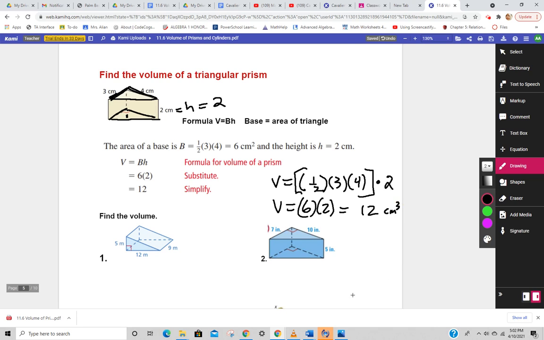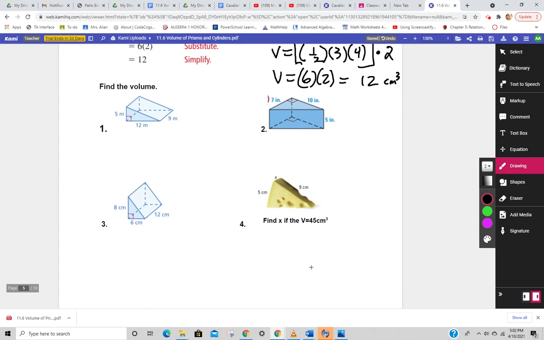All right, let's look at some more examples. So the volume of this triangular prism is the base, which is a triangle, so the area of the base, which will be 1/2 times 5 times 12, all that times the height, which is the distance between the front base and the back base.